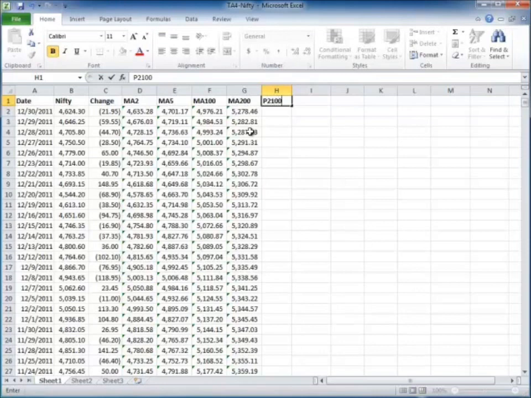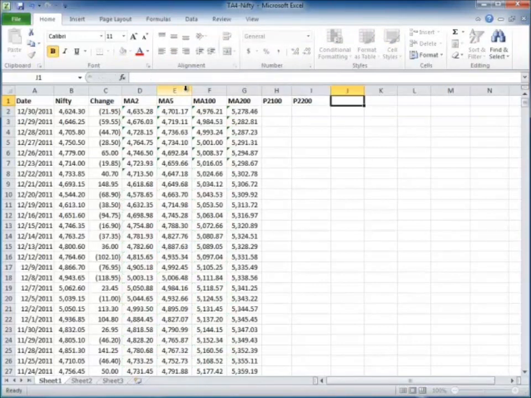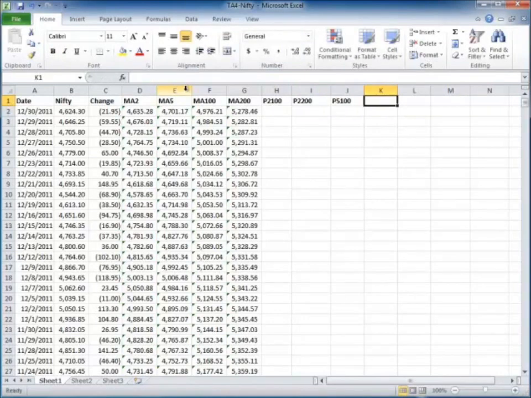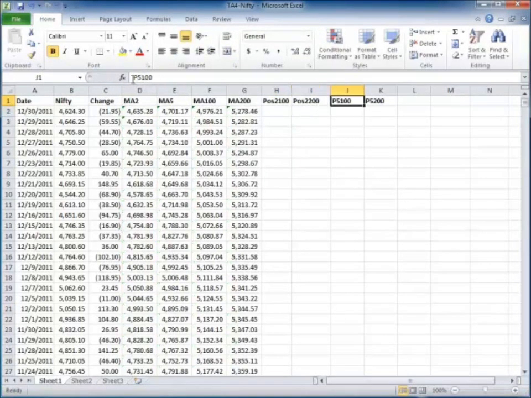That's position using the 2-day moving average and the 100-day moving average. Then we'll have the position using the 2-day moving average and the 200. Position using the 5-day and the 100. And the position using the 5-day and the 200. Okay, maybe we'll put a POS in here. Might help, because then we'll have to do profit later, which also starts with P.